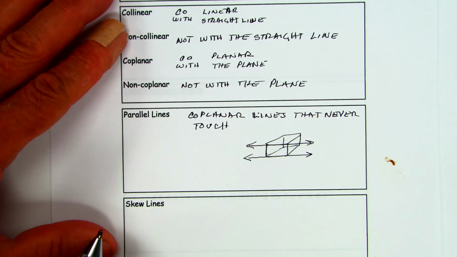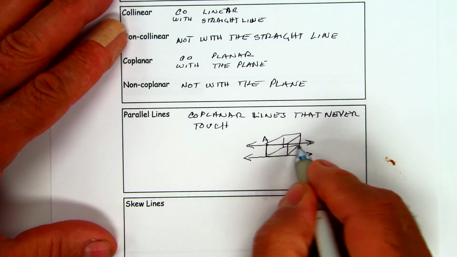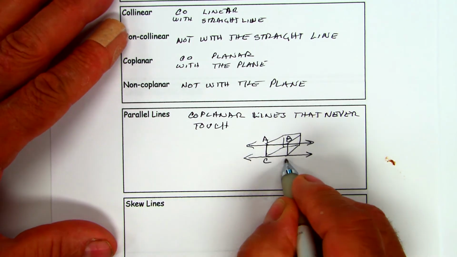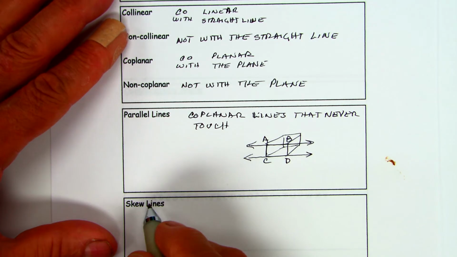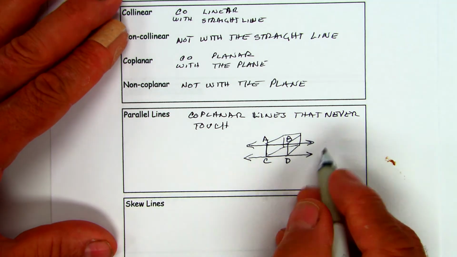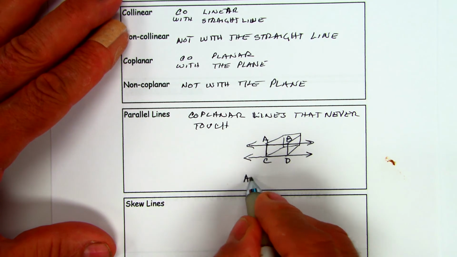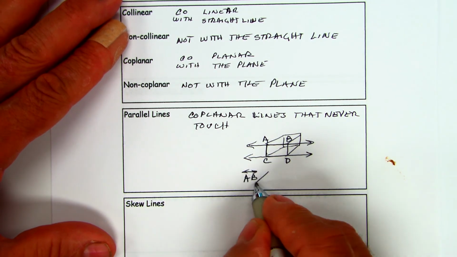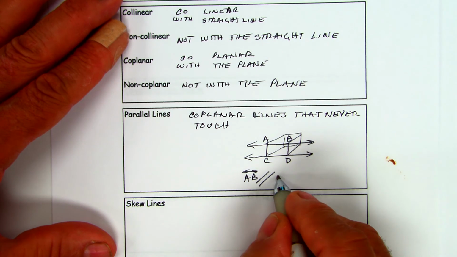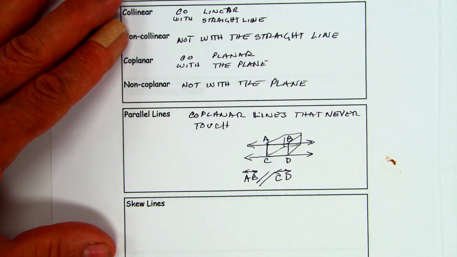Let's say this is A, this is B, this is point C, and this is point D. Then these two lines would be parallel, and we would say that line AB is parallel to line CD. That's the way we would write that in shorthand.